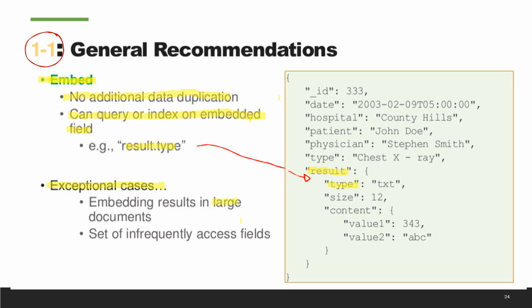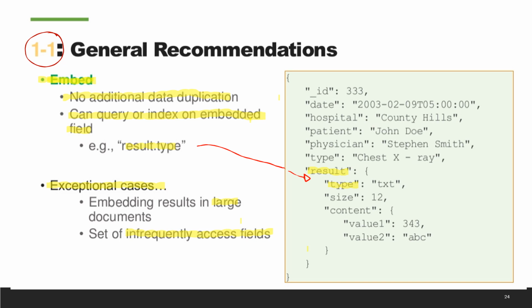I mean, if what you embed is very huge, your document will become big, and sometimes in order to access the data, it could be slower because your document is too big. And actually, if you rarely access the field that you embed within the document, maybe you can separate it into another document.